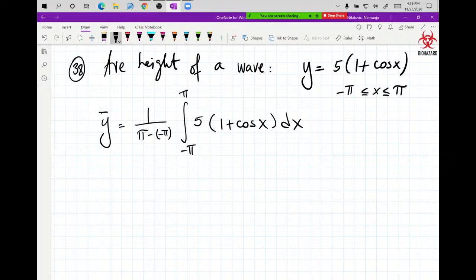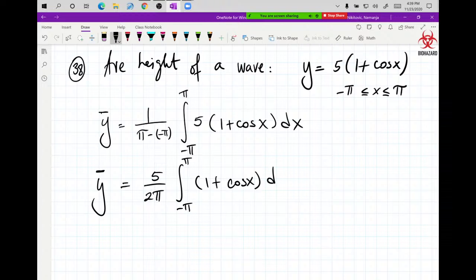You can kick 5 outside, so average y is 5 over 2 pi, right? Minus and minus will give us plus, so pi plus pi is 2 pi. And then we have the integral from negative pi to pi of 1 plus cosine x dx.